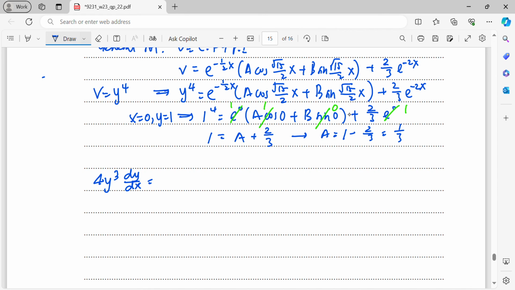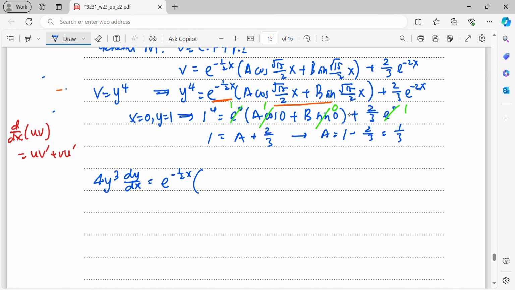Again, to differentiate the right side, this is the product rule. Okay, the exponential is the u, the brackets is the v. So the formula is d over dx of uv equals uv prime plus vu prime. Therefore, you will be getting the exponential, that is my u.